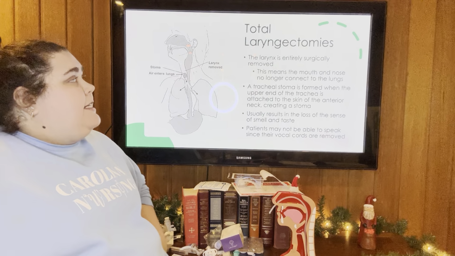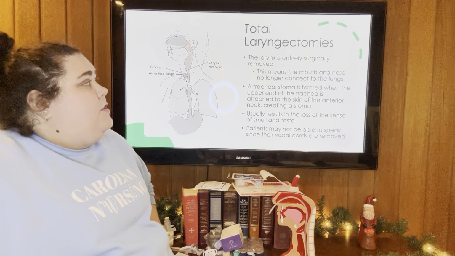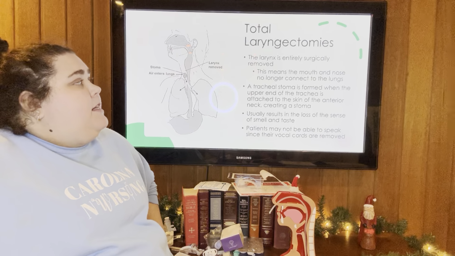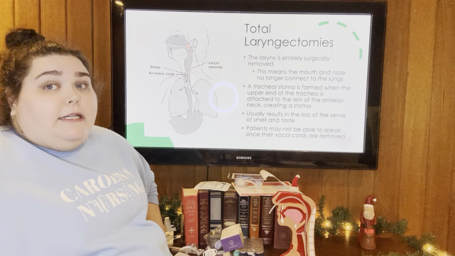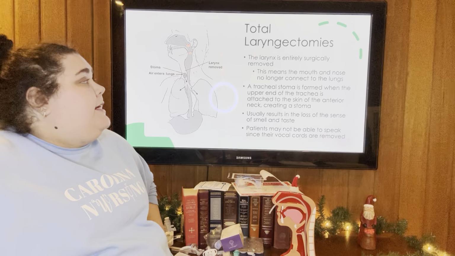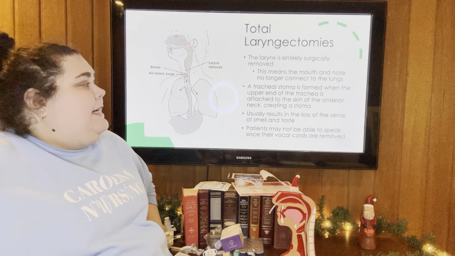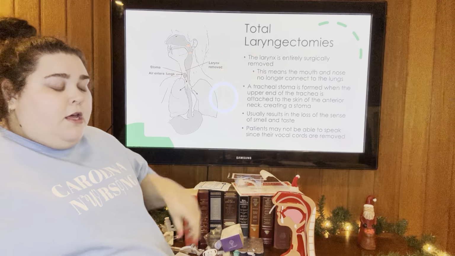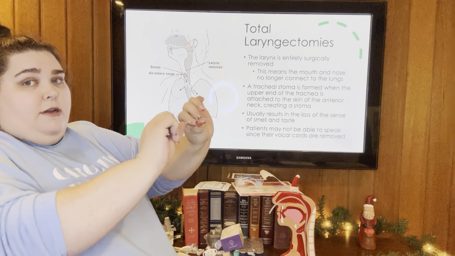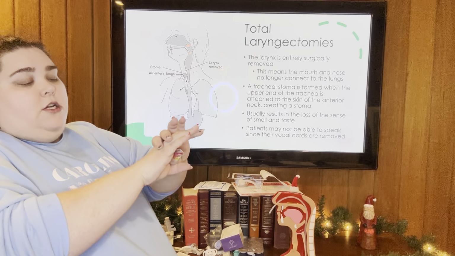Total laryngectomy is where the larynx is entirely surgically removed. This means that the mouth and nose no longer connect to the lungs. A tracheostoma is formed where the upper end of the trachea is attached to the skin of the anterior neck, creating the stoma. So you have kind of the trachea tube, and the top of it is connected to the skin.